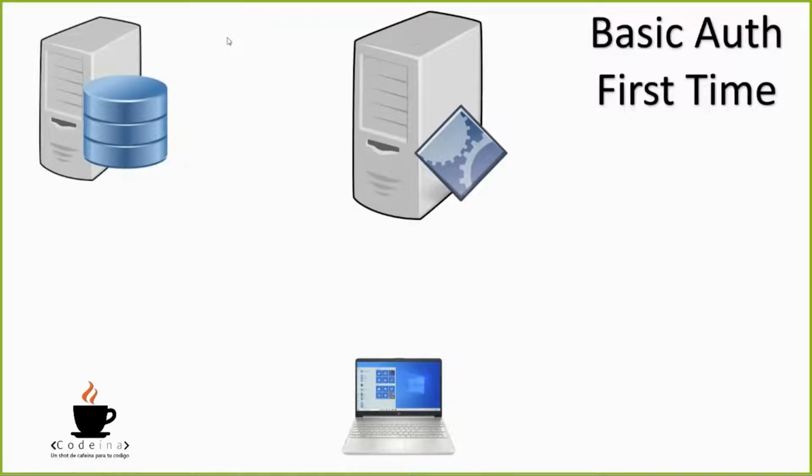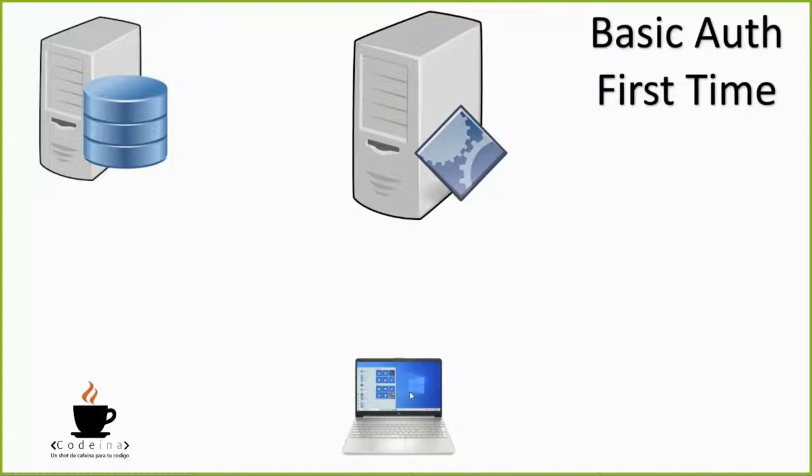Here is the normal process when the user is authenticated for the first time to the system. Suppose that we have one server for the database, a server for the web API, and a client that is connected to your system.